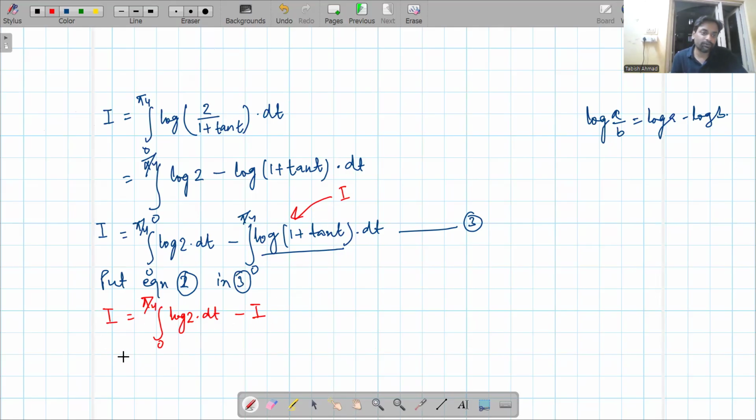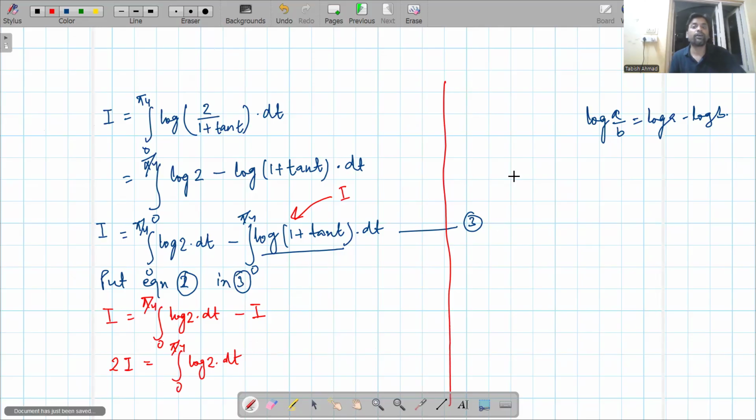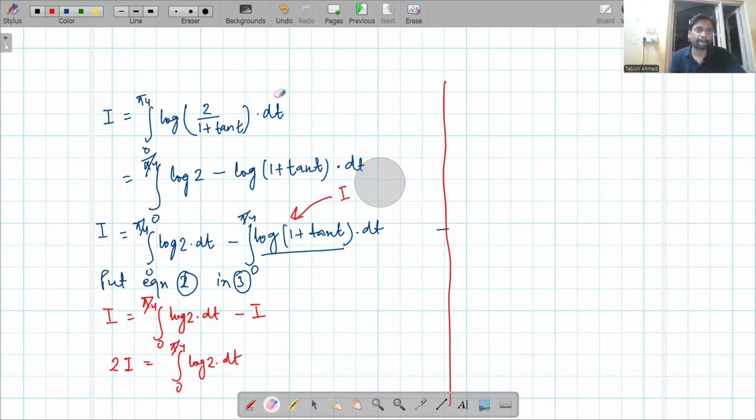So this I will come to the left hand side, it will become 2I. 2I is equal to the integral from 0 to pi by 4 of log 2 dt. Now, can anyone tell me what is the integration of log 2 dt, in equation number 3? Tell me.